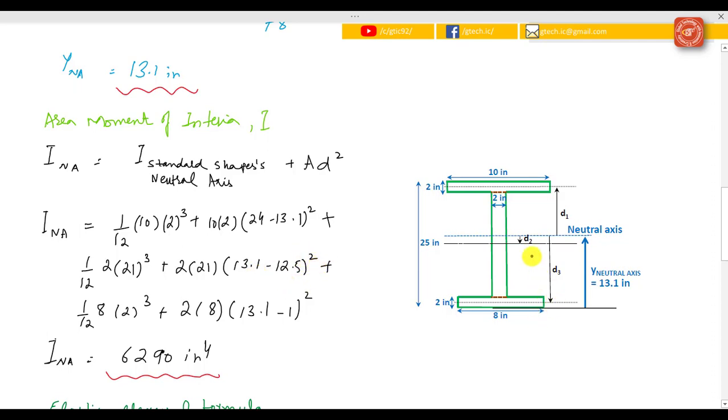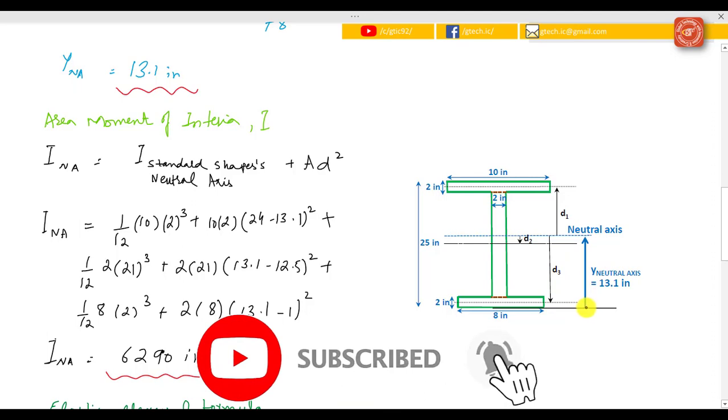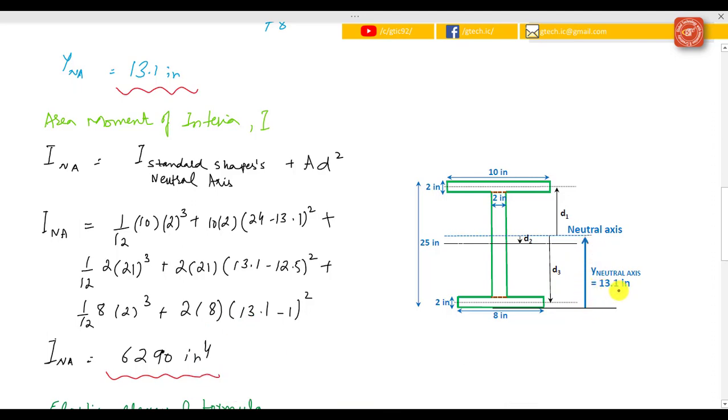And for d3, the distance is 13.1 minus 1 inch, and then whole square. The final answer would be I for the neutral axis equal to 6290 inch to the fourth.